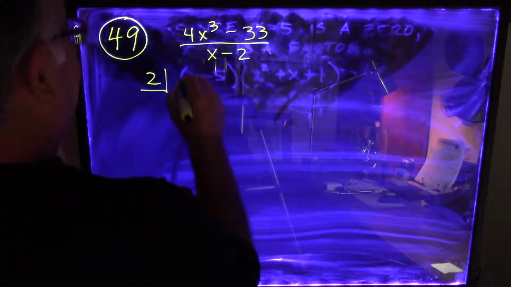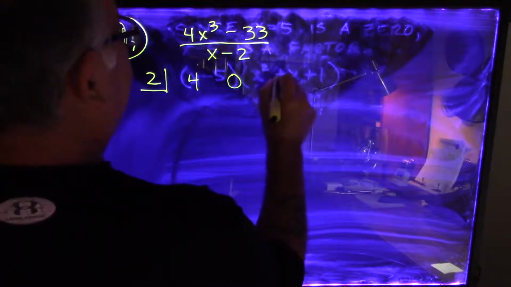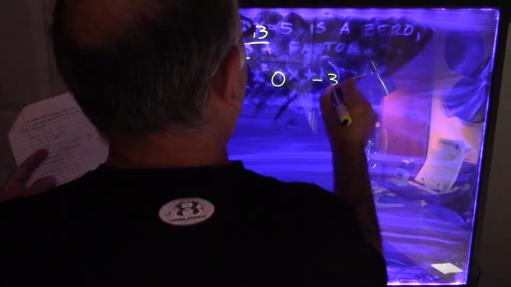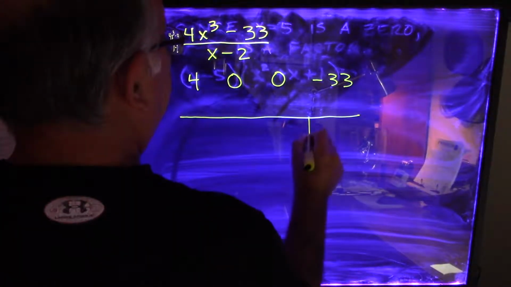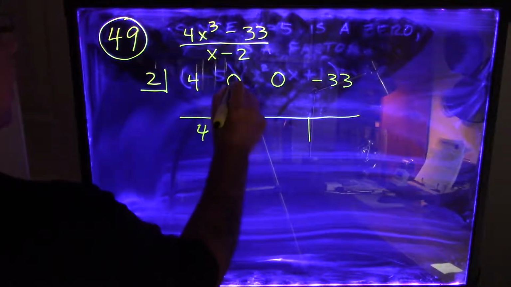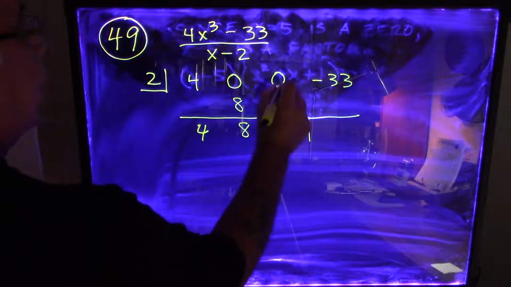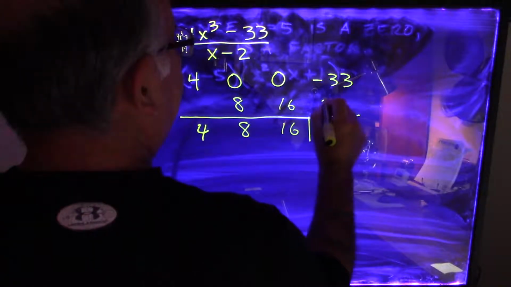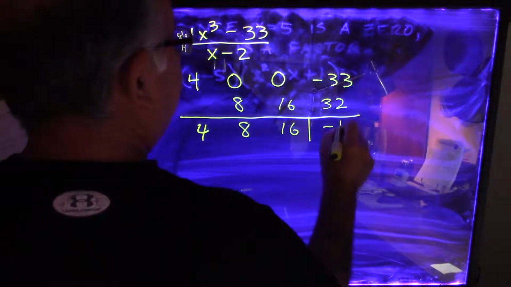And then you write out the coefficients of the dividend: 4x cubed, 0x squared, 0x, and a minus 33, the constant term. Bring down the 4. 2 times 4 is 8. 0 plus 8 is 8. 2 times 8 is 16. 0 plus 16 is 16. 2 times 16 is 32. And then negative 33 plus 32 is negative 1.